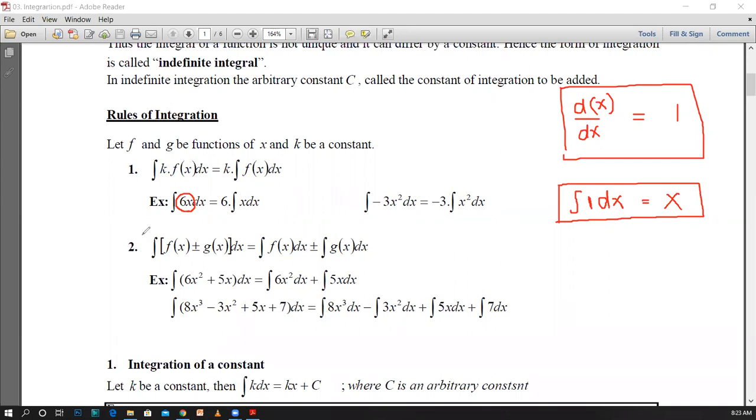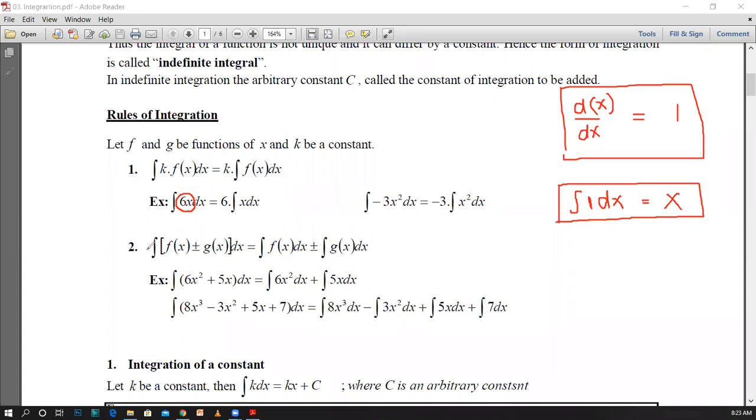The second rule that we are going to consider under integration is this. We have identified that f and g are two functions of x. Therefore, you may get another function defined as f(x) plus g(x) or f(x) minus g(x).